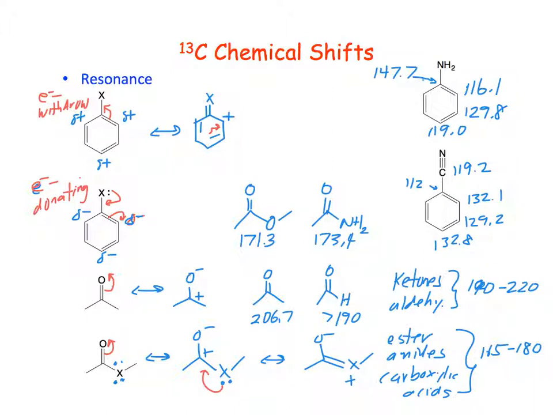Okay, so we can tell the difference between these different types of carbonyls. And so this is a big advantage for C13 NMR, because the carbonyls we can't really see in the proton NMR, right? We've kind of implied that they're there based upon chemical shift. But in the C13, we can actually see them.